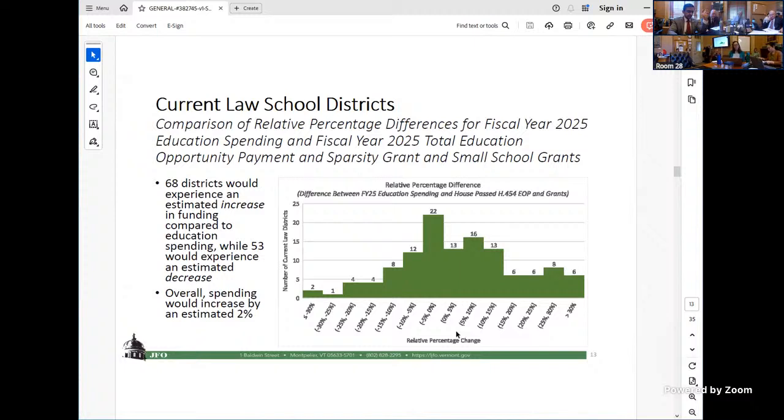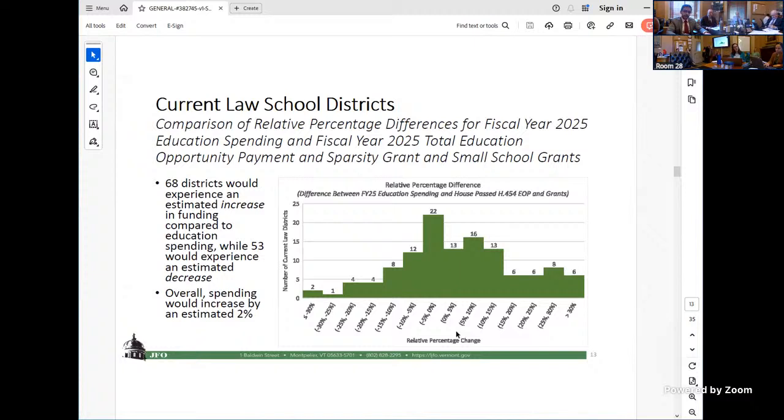Sarah, just in the context of this conversation, can you please clarify for me again? When we say funding, are we talking about the money that must be raised from property taxes? Not necessarily. What we're looking at here is we're ignoring the different revenue streams into the education fund.